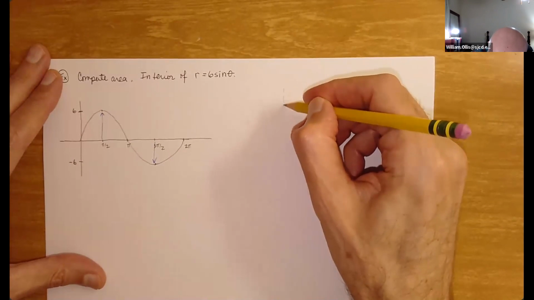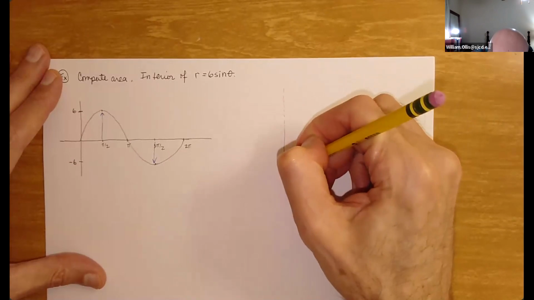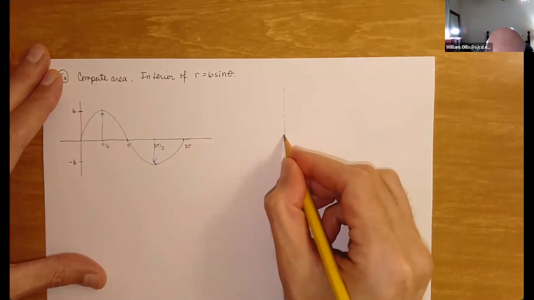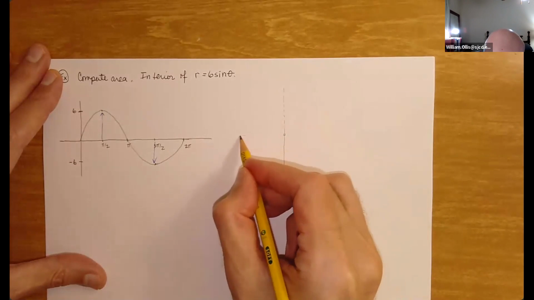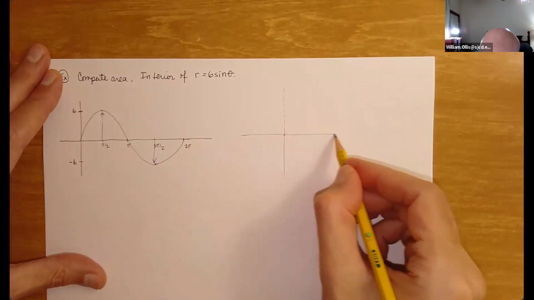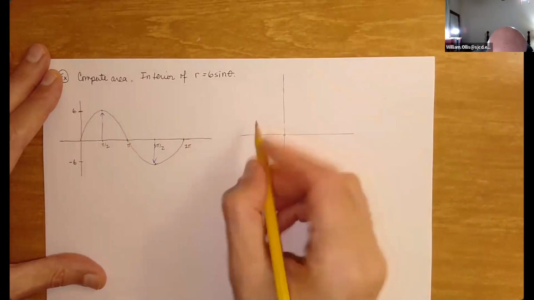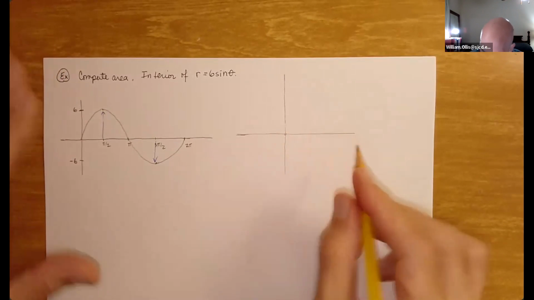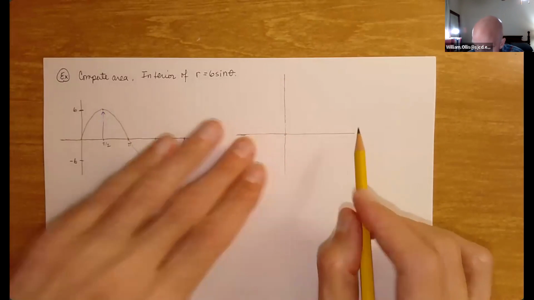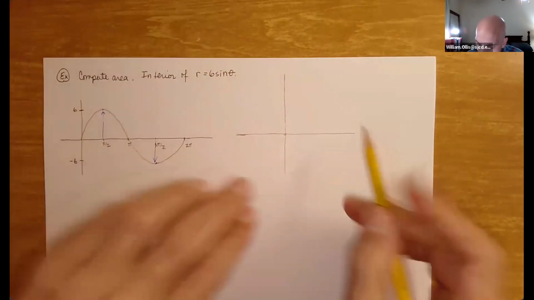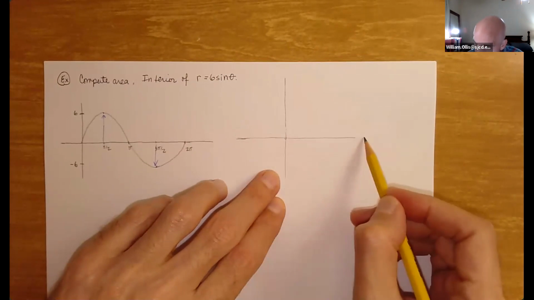So we can dot in or do it like that if you like, and then the polar axis. At this point, we can just relax and say, now this is the polar plane, theta equals 0, theta equals pi over 2, positive polar axis here.